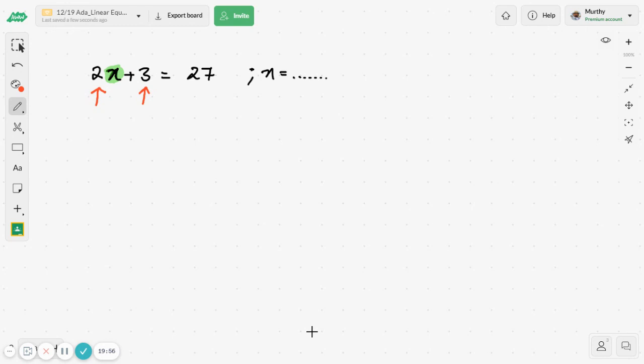Yes, 2. But the rule is which is free from variable, that is to be eliminated first. Which is free from variable, that is to be cancelled first. I repeat, if it is associated with the variable, please do not touch it in the beginning.